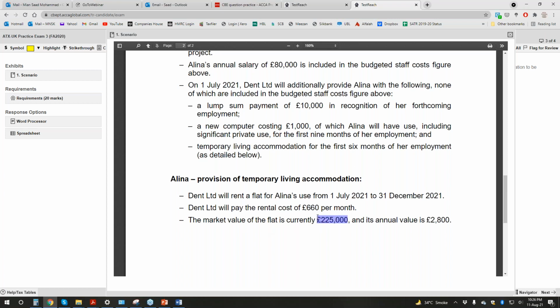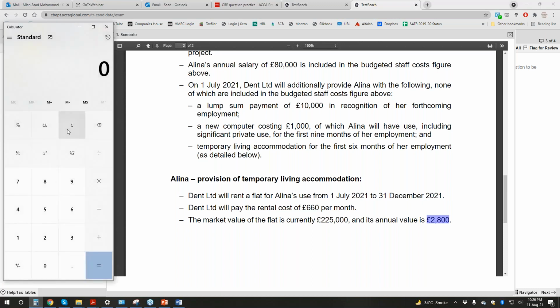The market value is not required here. Why? Because it is rented accommodation, and the annual value is 2,800. So guys, we have to see which is higher, the annual value or the rent paid by the employer. But the annual value is for 12 months, so we have to lower it by dividing it by 2 because we need it for 6 months. One value is 1,400, the other is rent paid by the employer.